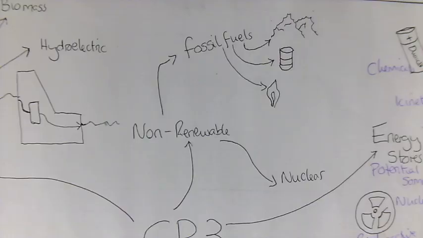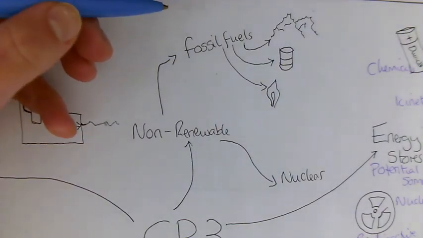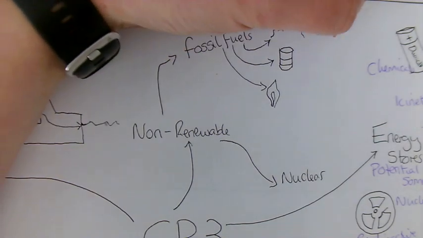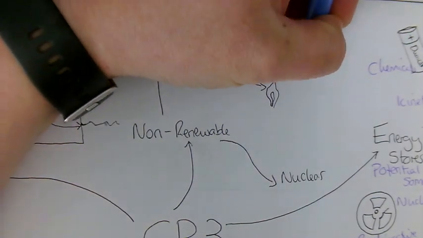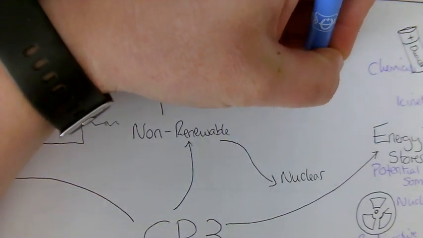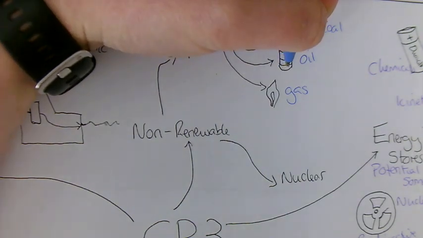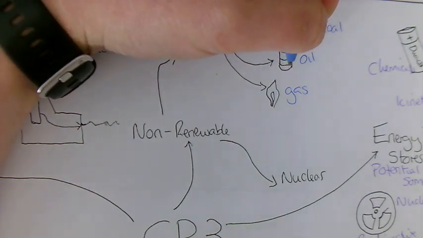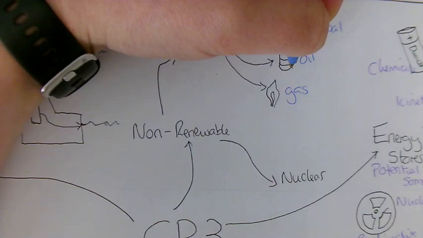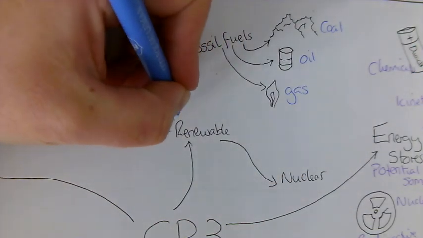To have a look at non-renewable energy. Non-renewable energy sources are our fossil fuels. So they are coal, oil and gas. They are non-renewable because they take years to make.